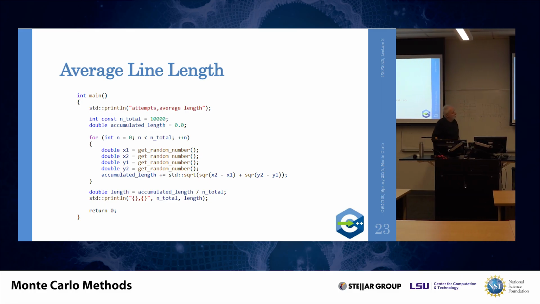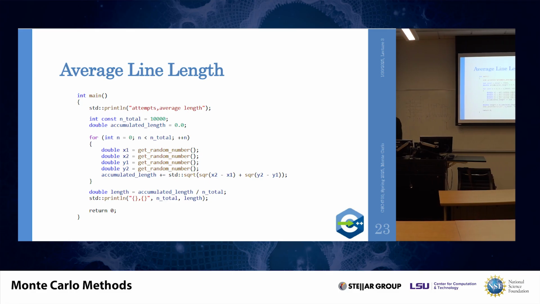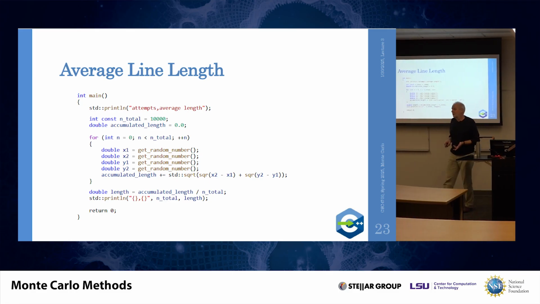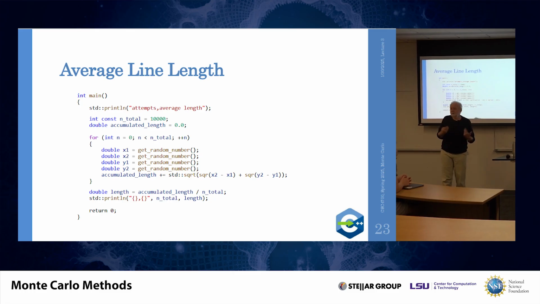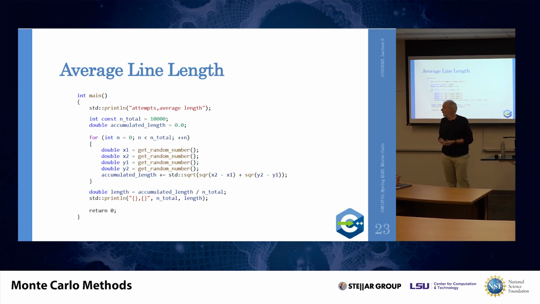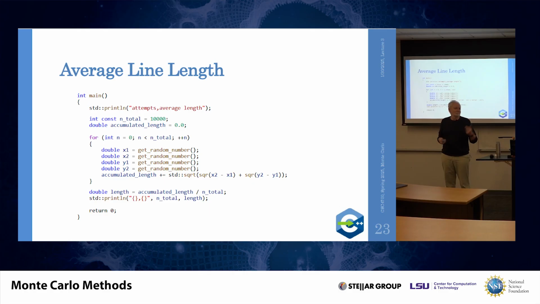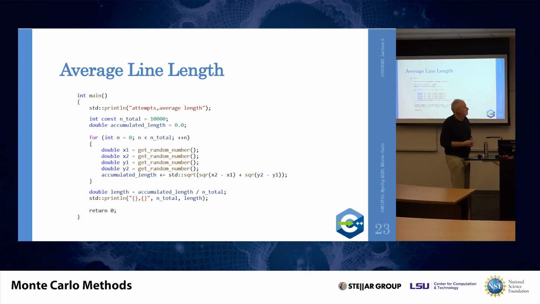Okay, what's the error of that? How many attempts do we actually need? What do you think? How many attempts do we need to get a precision of, let's say, 10 to the minus 4? How often do I have to try that? Any suggestion? 1, 2, 3? A million? 100 million? Well, here's a graph.